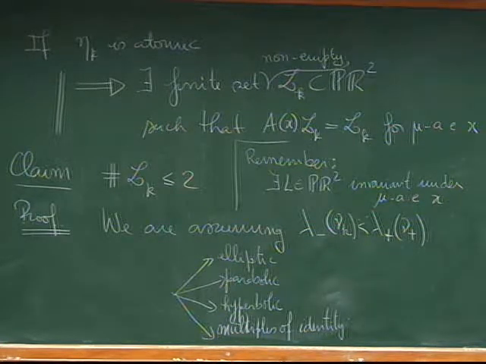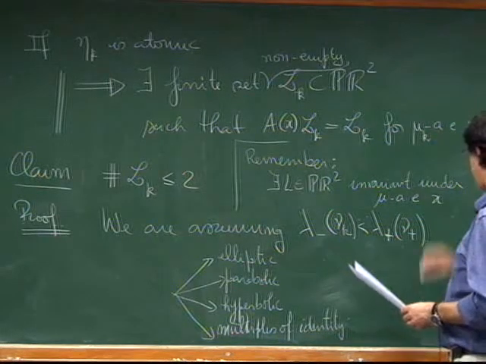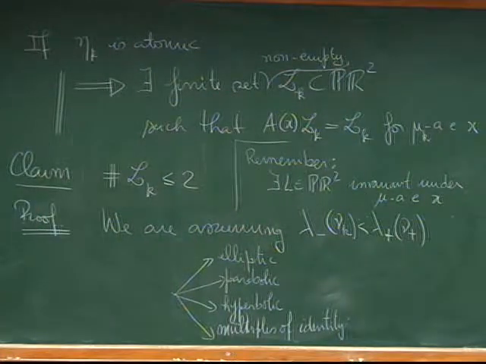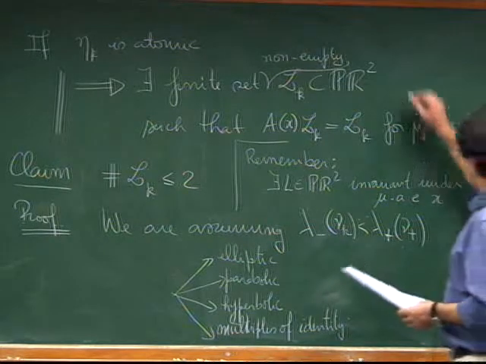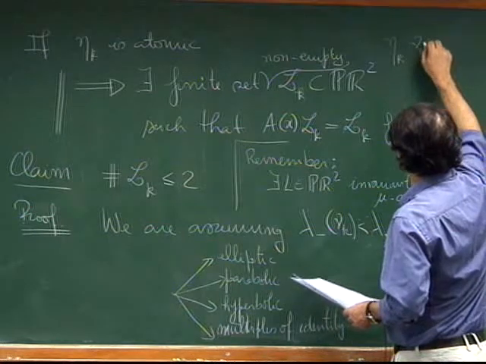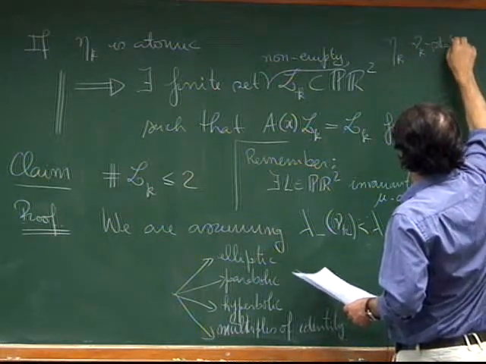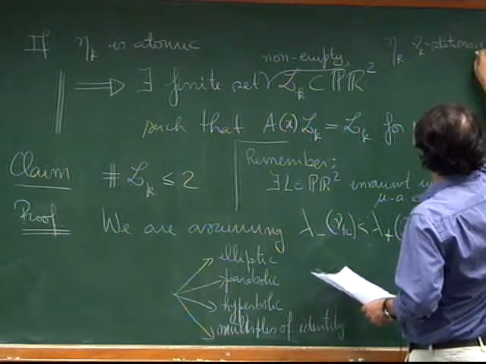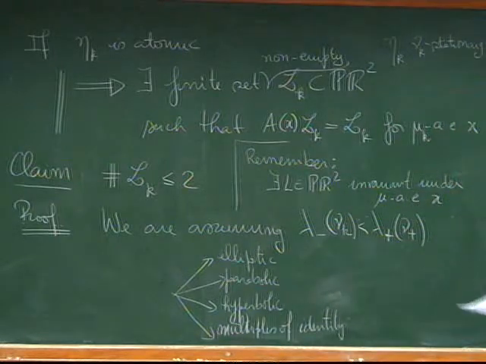No, I'm afraid this argument is not correct. I mixed up two things. This is for mu k almost every x, because eta k is nu k stationary. This is not correct.